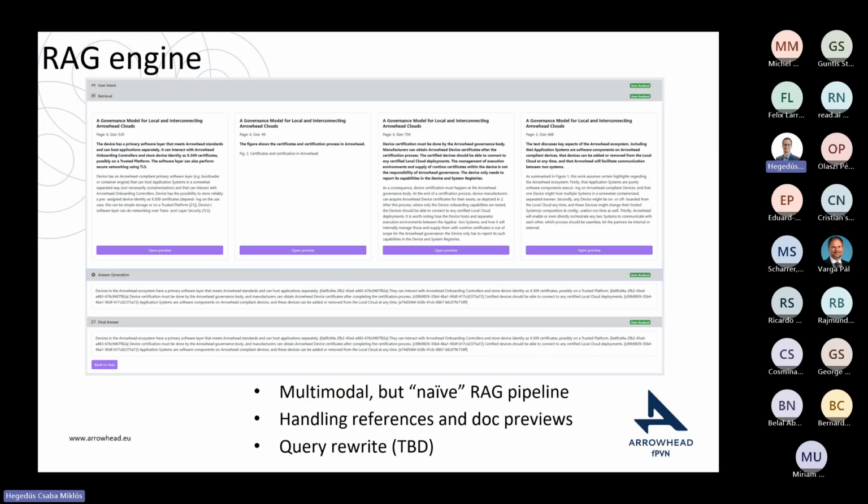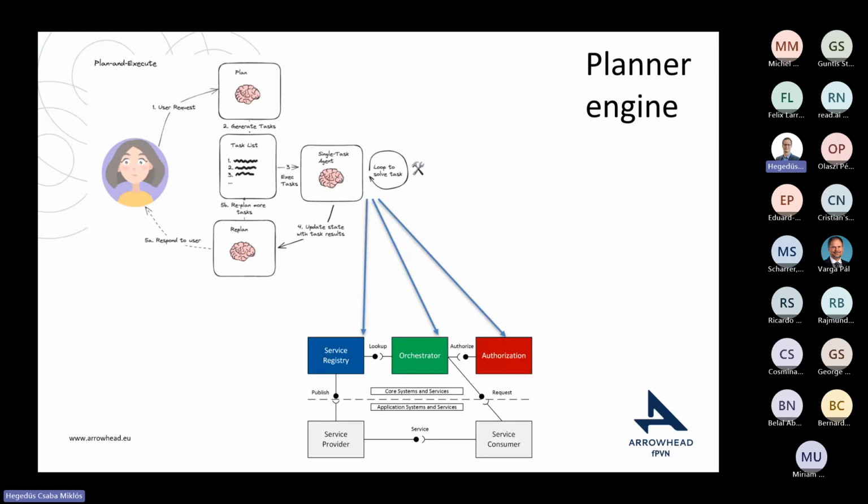The second thing I wanted to show is the planner engine, which has an internal reasoning engine that is able to understand Arrowhead APIs and use those APIs in real time to facilitate more complicated user queries. For example, we will show a scenario where I ask if the gatekeeper has any active services.